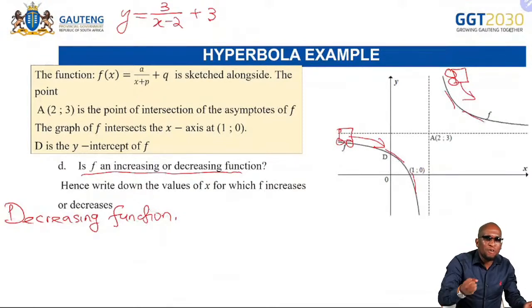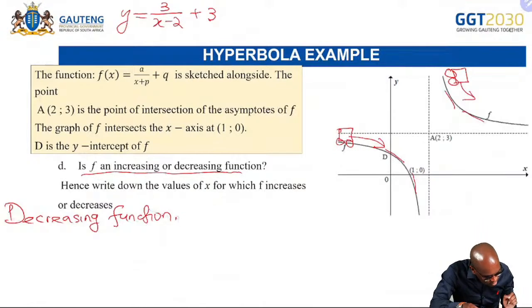So we say that since the gradient of the tangent is negative, this is a decreasing function. You can explain it using the gradient of a tangent, or using the x value in comparison to the y value: when x increases, y decreases.